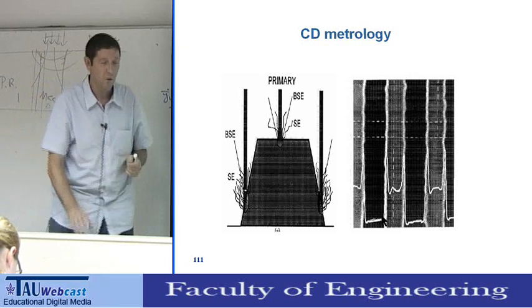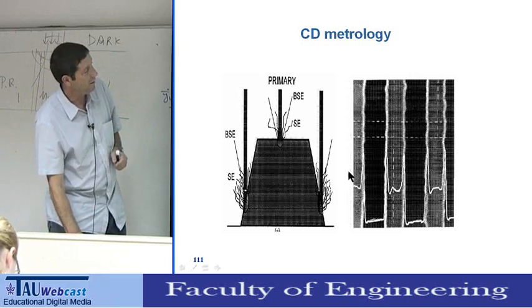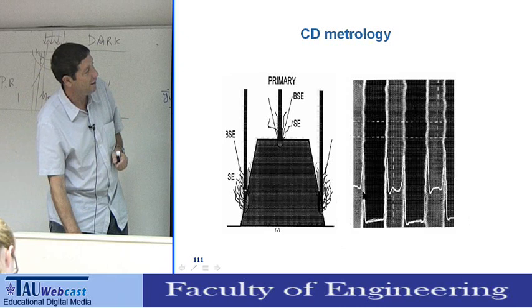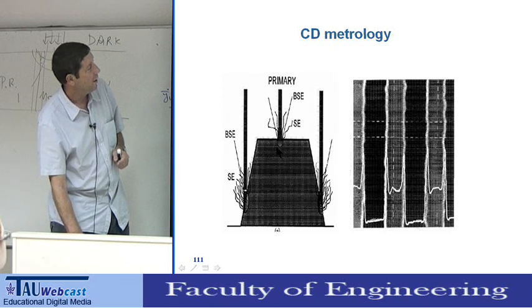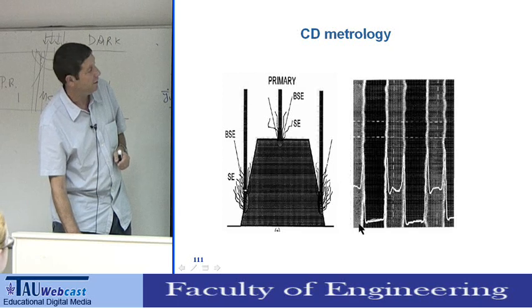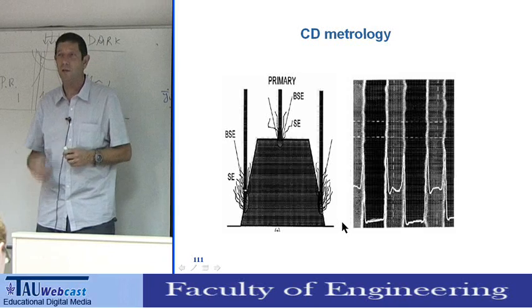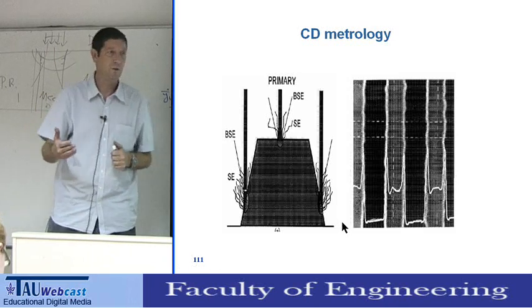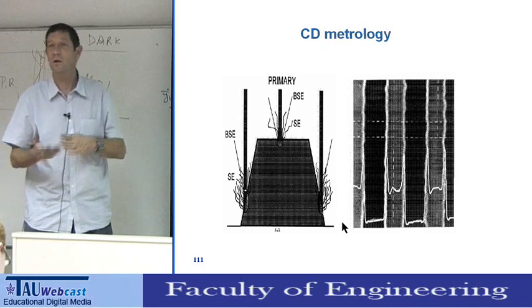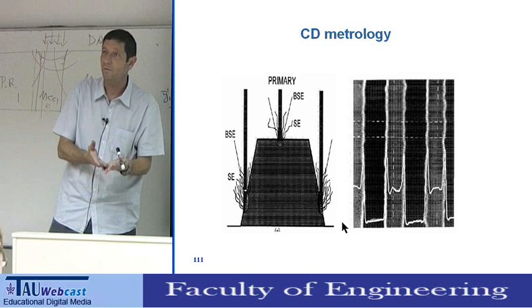If you measure, this is the electrical signal. You see the white line here? This is the electrical signal. Here you collect a lot of electrons, here a very small number of electrons. A lot of electrons, small number of electrons. So here you have one type of material, here a second type of material. What I forgot to tell you is that the amount of secondary electrons depends on the type of the material.